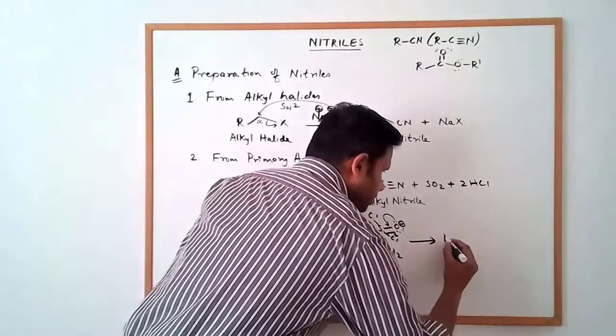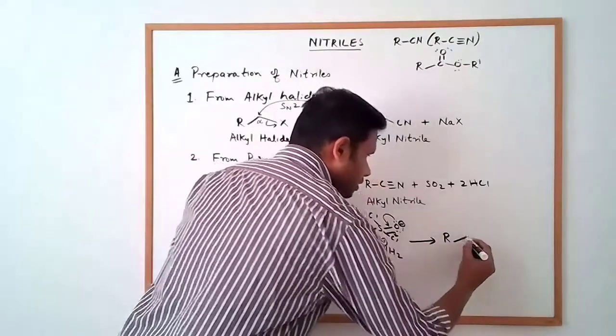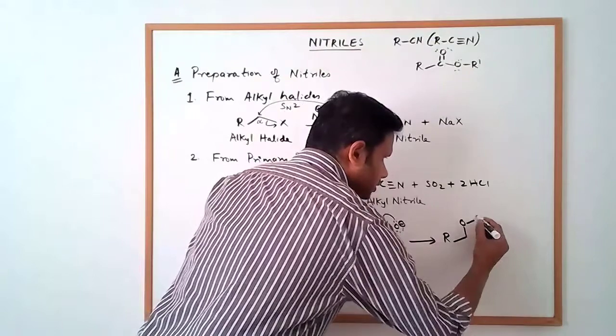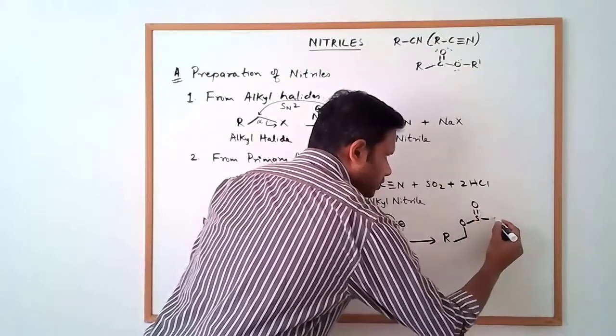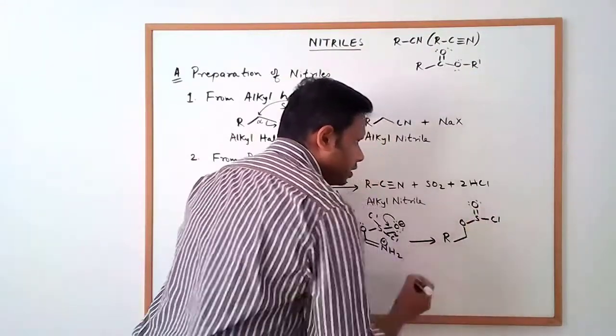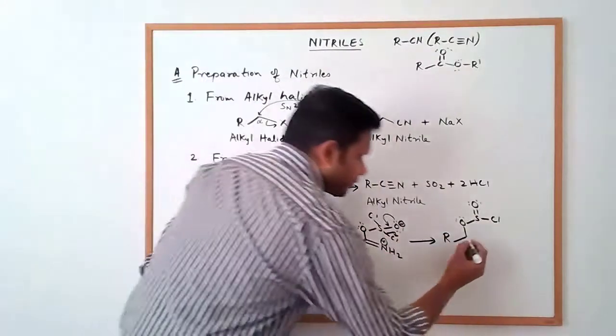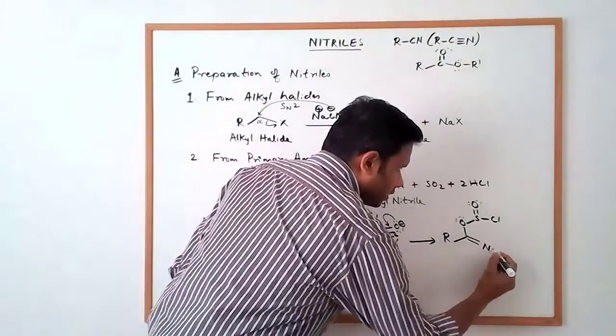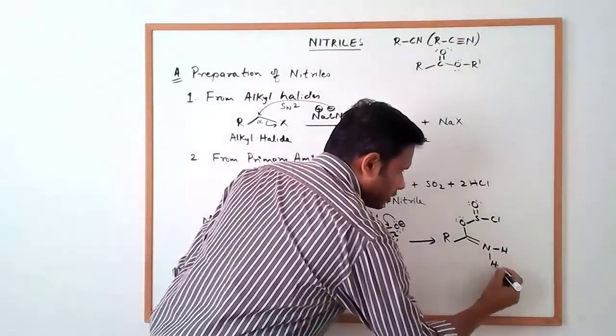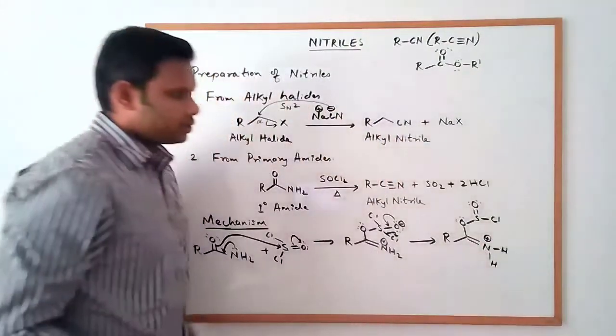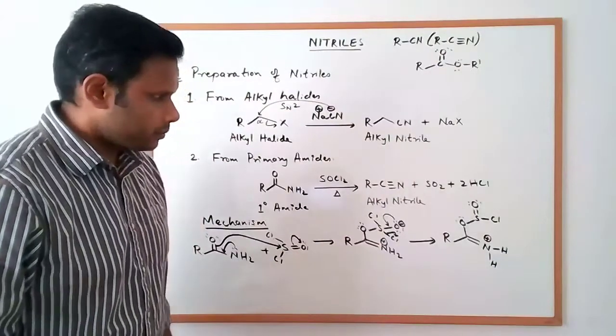That takes us to the next intermediate, where we have oxygen connected to sulfur, double bonded to an oxygen, with chlorine, and then a nitrogen with a formal positive charge and two hydrogens on it.